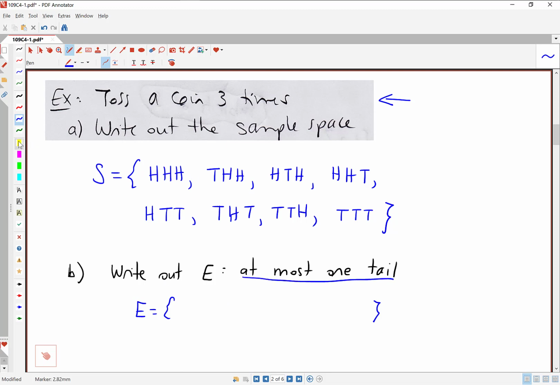So that would actually be the first 4 outcomes that we had described in S. So you could have no tails, that would be HHH, or you could have 1 tail, in which case we'd just be choosing on which flip that's going to come up. So there would be 3 more possibilities there. So there we go, that's our set E, that's an event. And what we're aiming towards in this chapter is being able to calculate the probability of a certain event happening. So we're just warming up right now and getting comfortable with sample spaces and events.